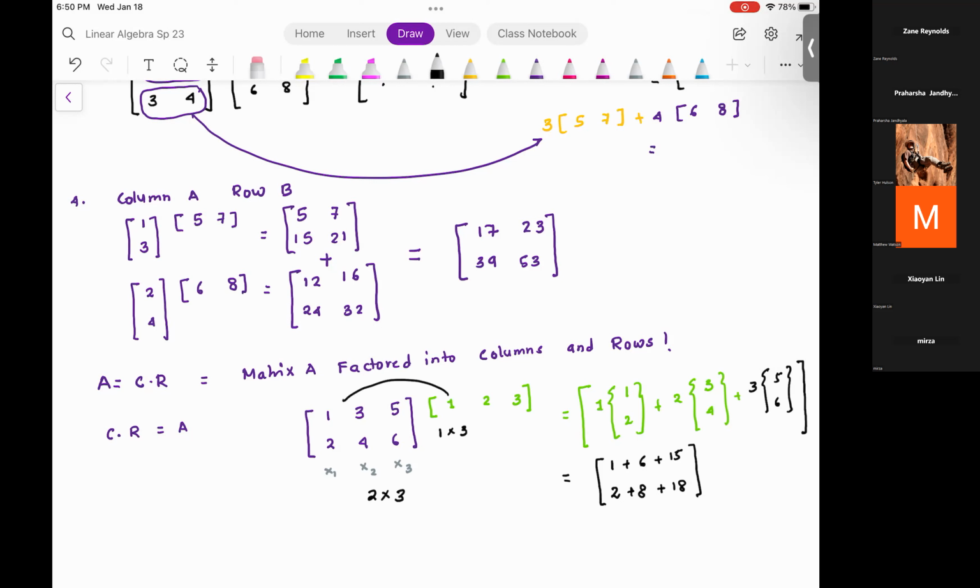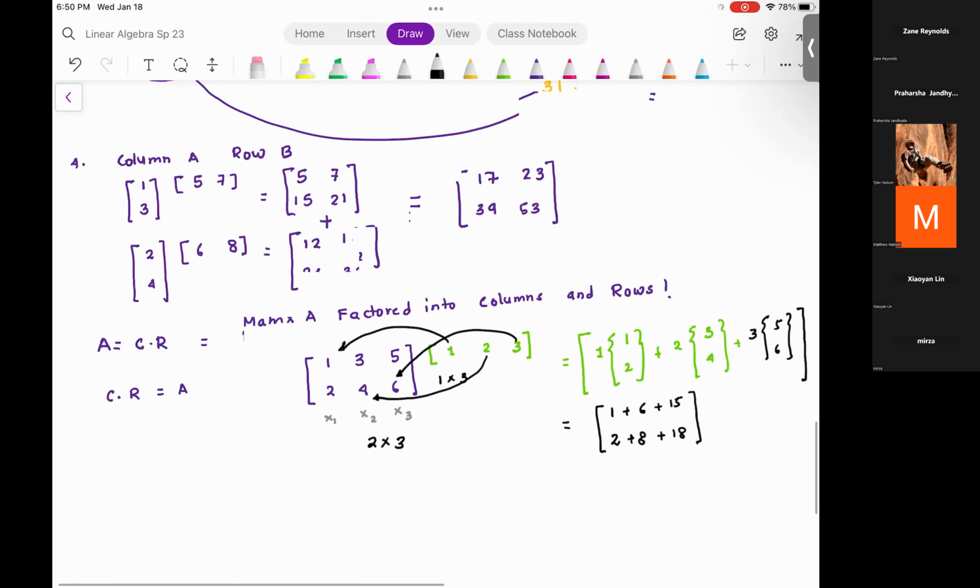So these independently become weights on these. Now I can do the reverse.